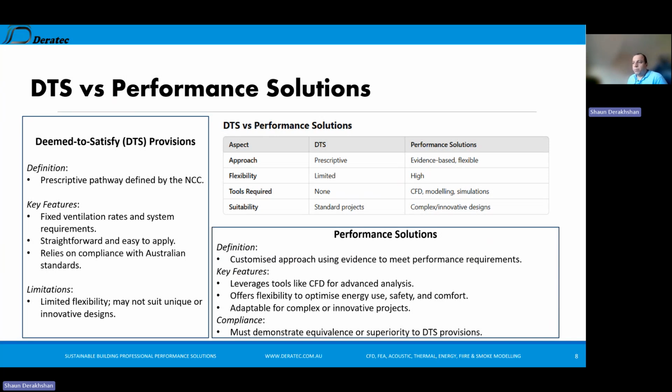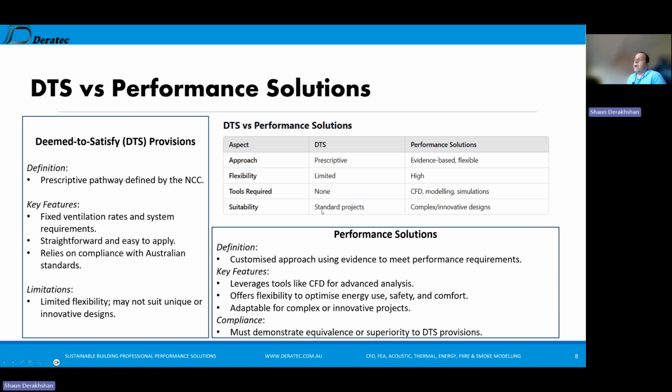It offers flexibility to optimize energy use, safety, comfort, whatever. Adaptable for complex and innovative projects. You must demonstrate equivalence. This table shows the pros and cons of both of them.